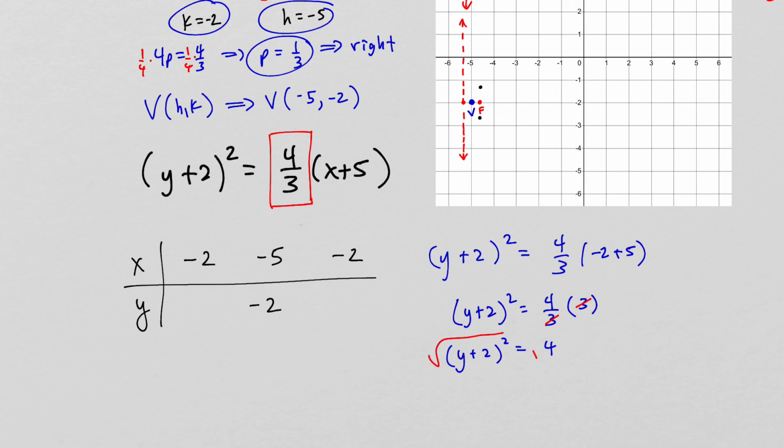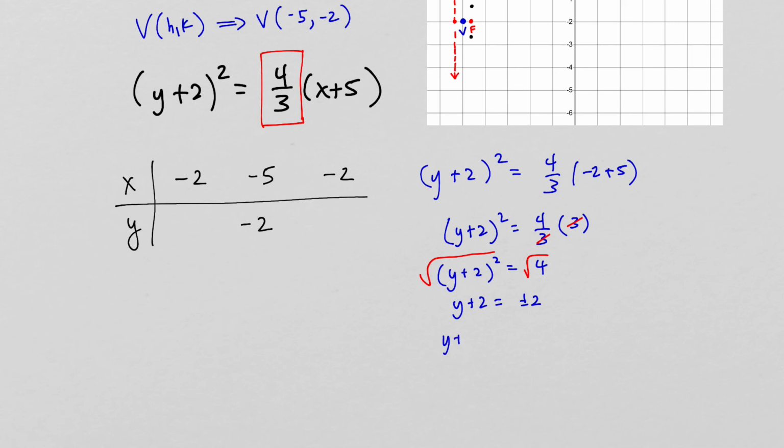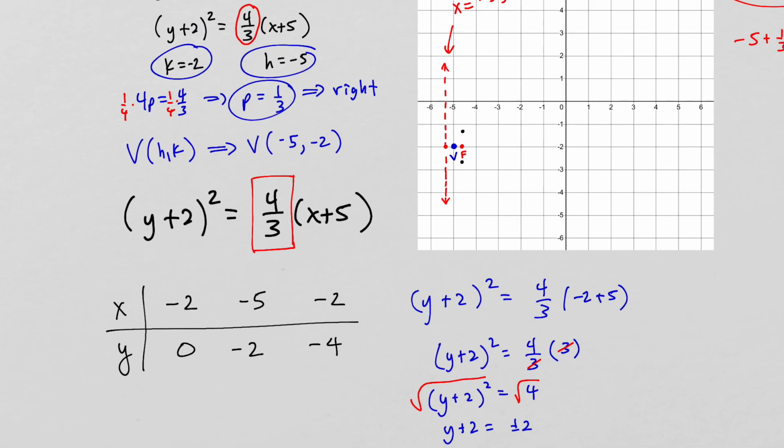So now when I take the square root of both sides, we end up getting y plus 2 equals plus or minus 2. So this means y plus 2 equals 2 or y plus 2 equals -2. And that means that y is either 0 or y is -4. And so for that, we can now graph a couple of additional points.